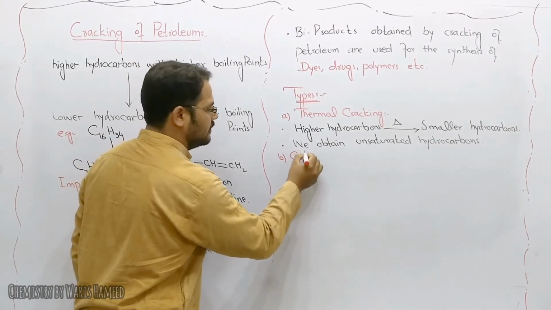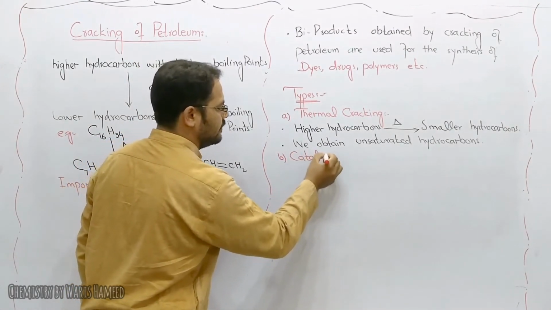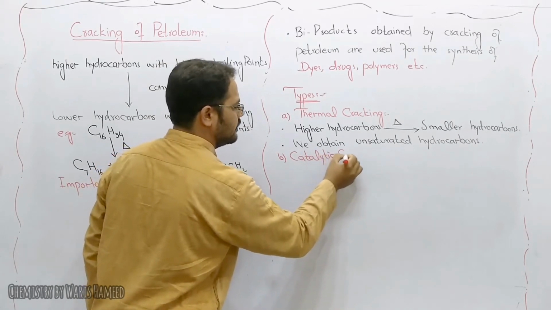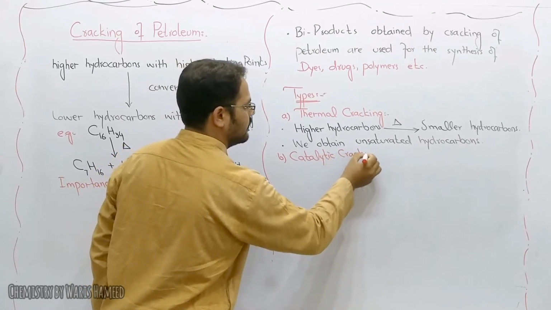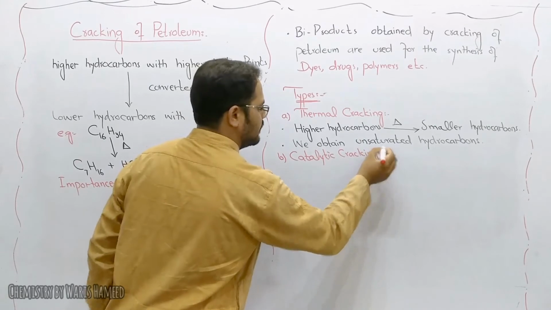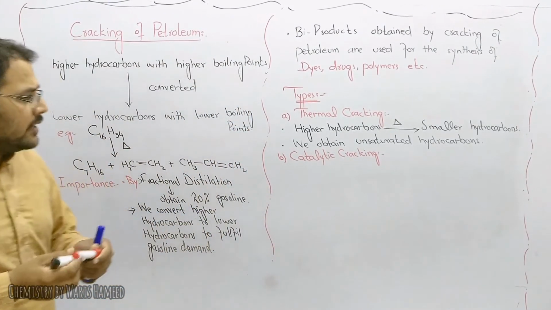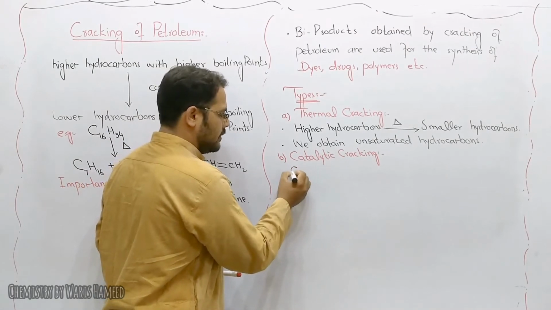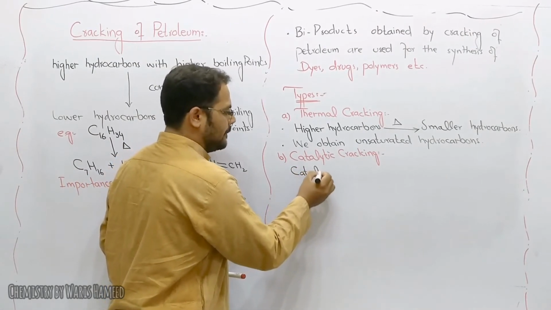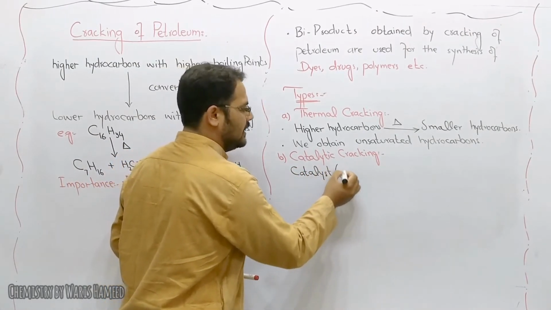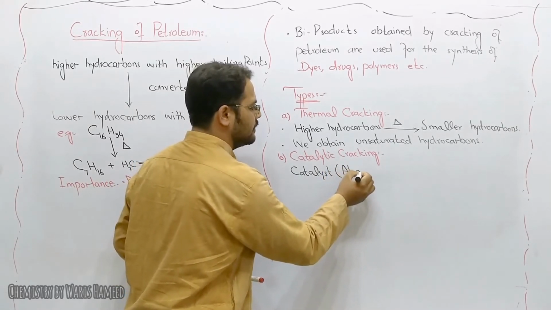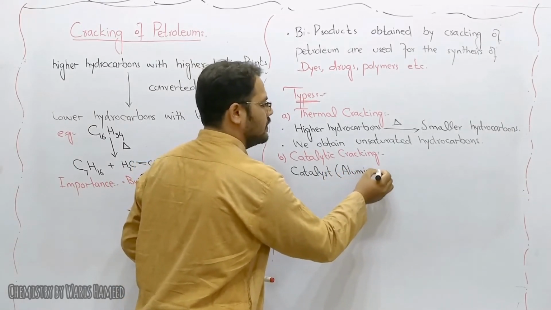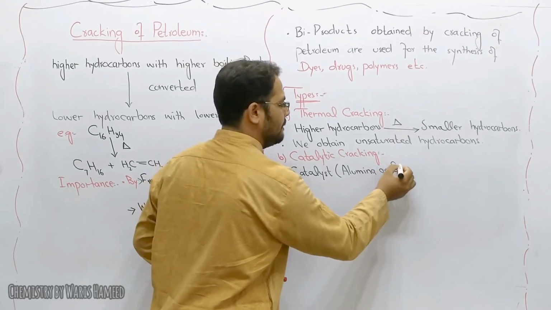The second type is catalytic cracking. In catalytic cracking, we use a catalyst like alumina or silica.